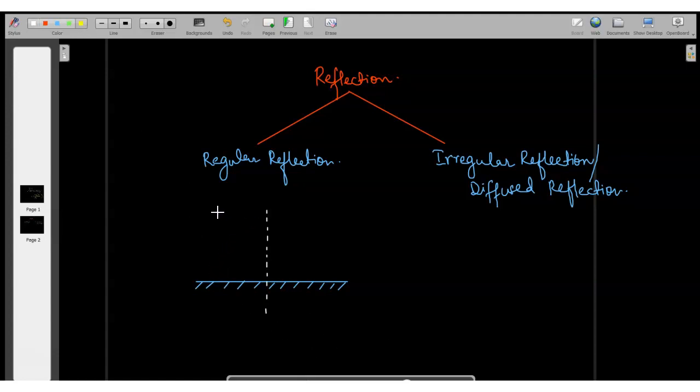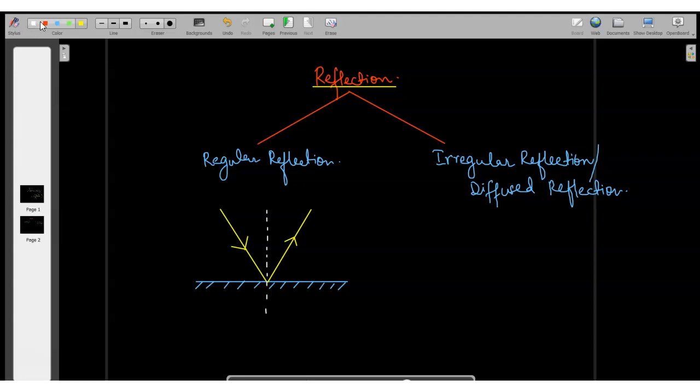We are going to take an incident ray. So this is the light ray which is incident like this. Okay. Now, what will happen? This is the incident ray. What is the definition of reflection? Bouncing back of the light ray into the same medium. So it will bounce back into the same medium like this.